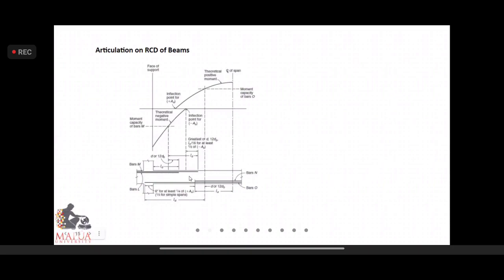We also have the tension bars here, since we are dealing with continuous beams in that sense. There will be tension bars here. This will be the representation of that development length. Please take a look at this one.